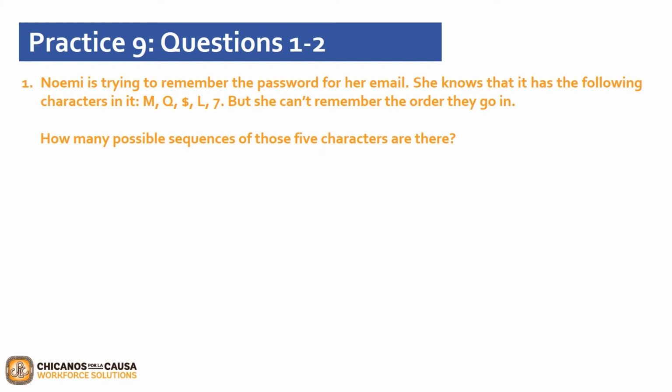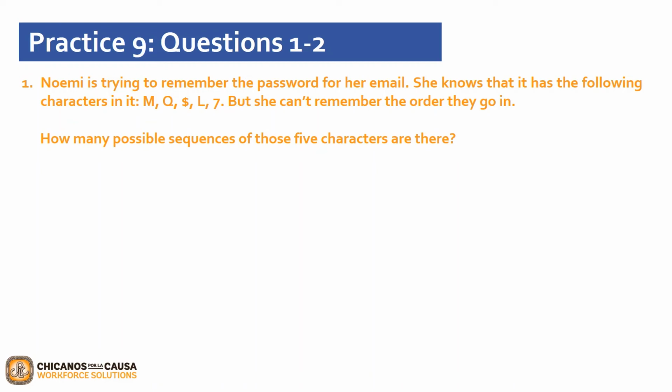So remember that we first have to determine whether we're looking for a combination or a permutation, and then of course we're not going to solve. Given that we're specifically talking about an email password, we can determine that we are looking for a permutation, given that the order of these characters does in fact matter.